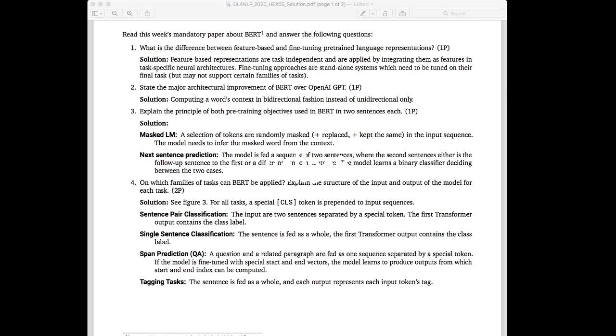Specifically, we need to know the position of the answer in the paragraph. If we fine-tune the BERT model on some QA task, then the model will be able to predict the start and the end index of the answers. The last task is the tagging task.